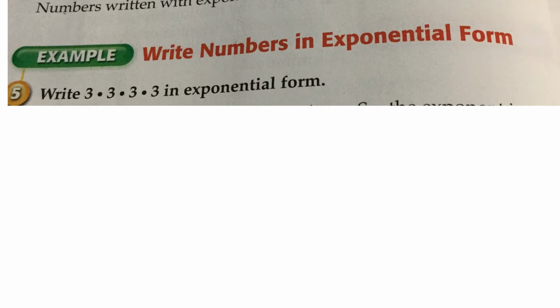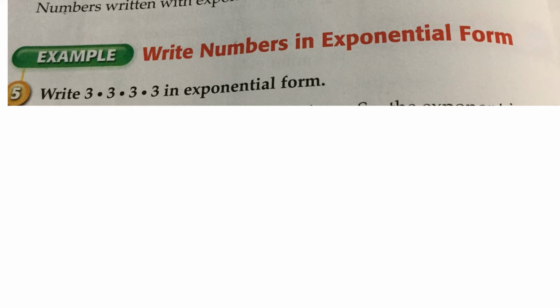Okay, so numbers that are written with exponents, that's called exponential form. So we just talked about standard form has no exponents. Exponential form means my answer is going to have an exponent in it. So when I look at the question, it tells me to write 3 times 3 times 3 times 3 in exponential form. That means my answer is going to have an exponent.